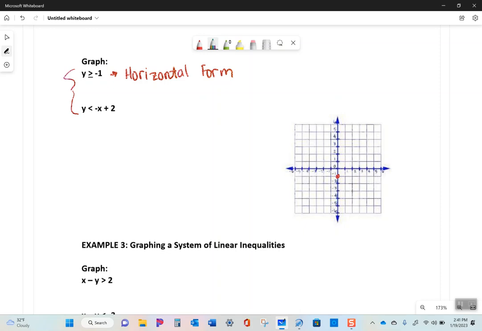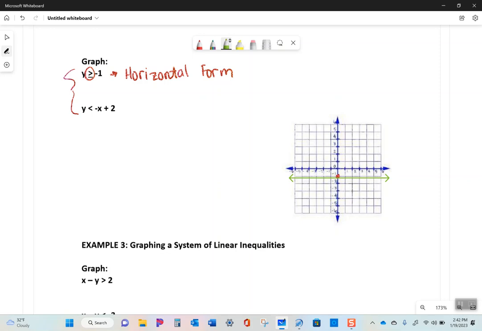How do you know it's a solid line, Raphael? Yeah, so this isn't just greater than, it's also greater than or equal to, right? Okay. So there's my line that sort of goes through my point. All right, are we done graphing this one?